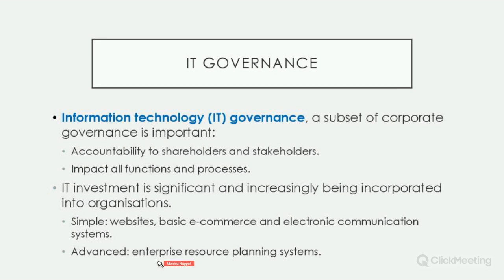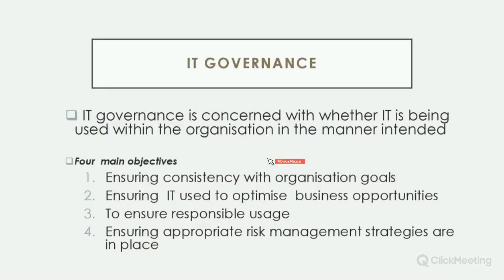But in case you are interested, have a look at what enterprise resource planning systems are. So we look at the websites, we look at the e-commerce, and we do buy goods online these days, which is a very common form of purchasing or shopping online. Hence, we need some IT structures and governance in place, because if there are not, then purchasing goods online will not be safe. Hence, it's important.